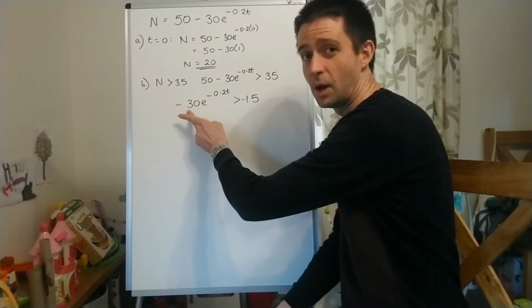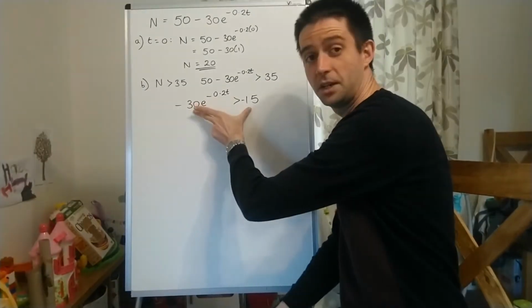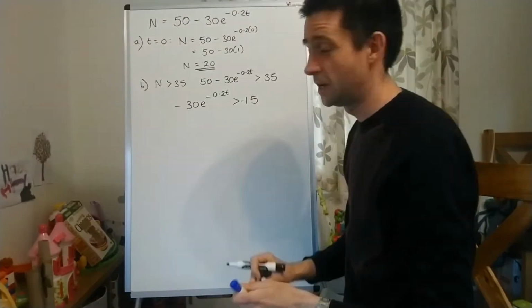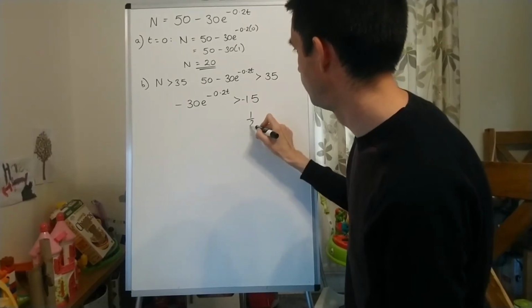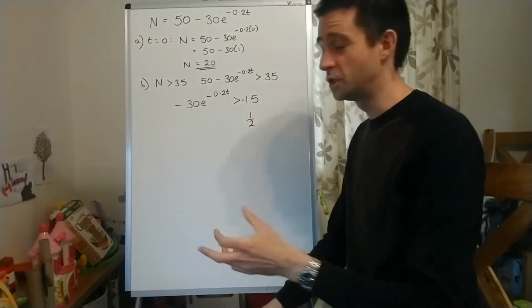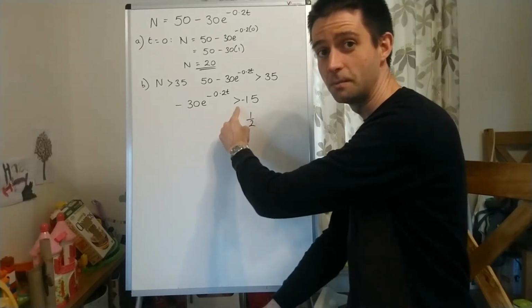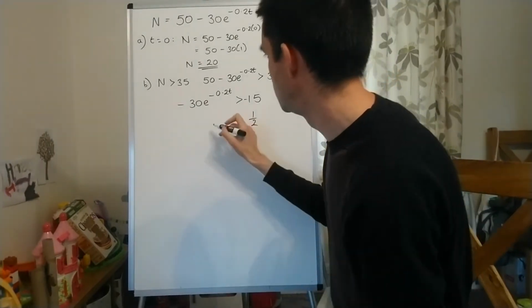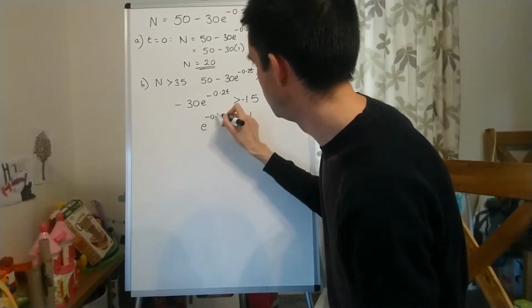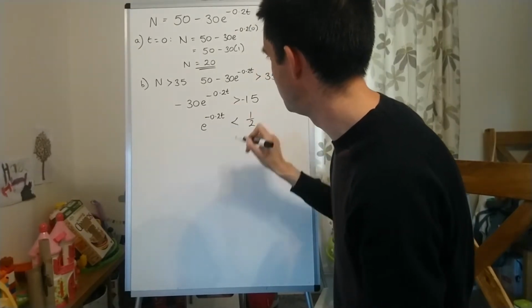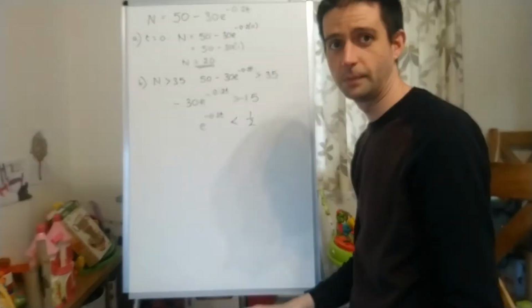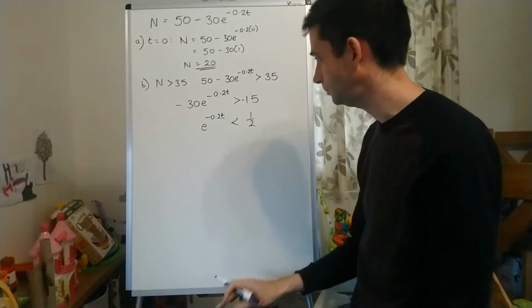And then I'm going to divide by negative 30. Now negative 15 divided by negative 30 is positive a half. But what is really, really important here is because I'm dividing by a negative, the direction of this inequality symbol is going to change. So it's going to be e to the power of negative 0.2t is going to be less than 1/2. That's very, very important.